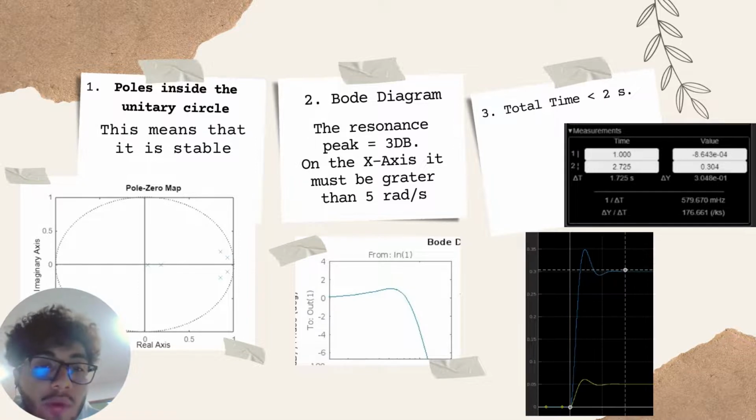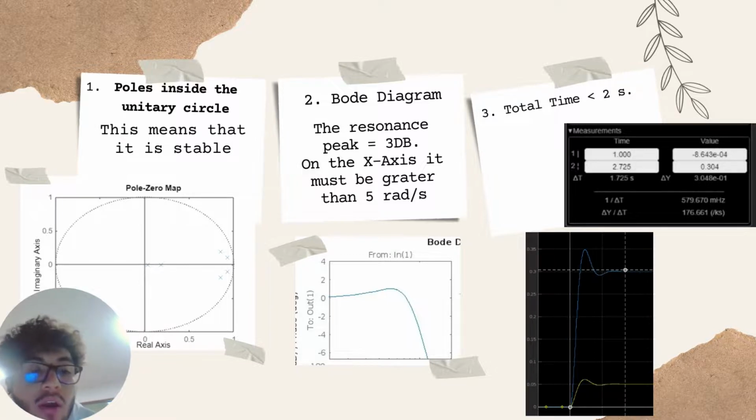Then on the Bode diagram, the resonance peak, when it is equal to 3 dBs on the x-axis, we have to make sure that it is greater than 5 rad per second.